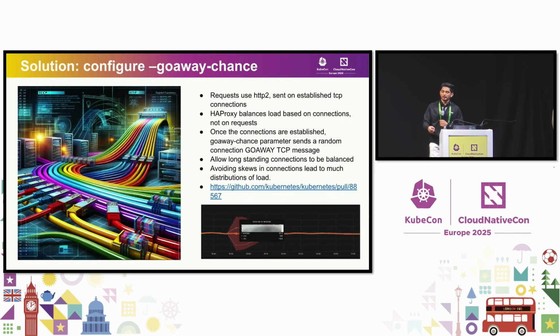After configuring this particular parameter, we saw that there were no cascading failures in our stack anymore. So this particular configuration helped a lot in removing the control plane failures and serving GPU capacity consistently over time.